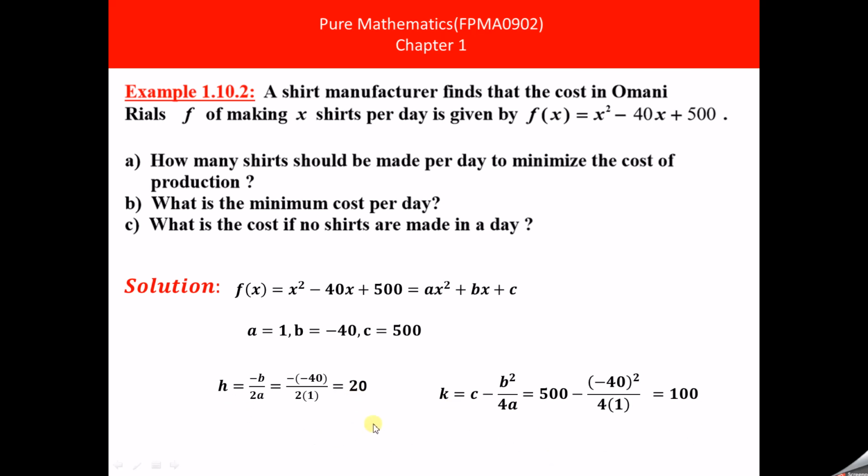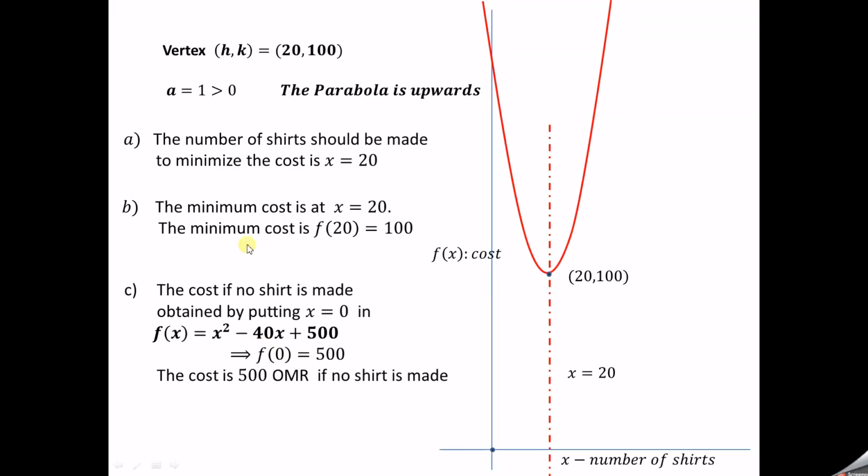Once you get h and k, that means you have the vertex. The vertex is (h, k), that is (20, 100), and this parabola opens upwards because a is 1, which is greater than 0, positive. So let us write the graph. This is the graph of the parabola.